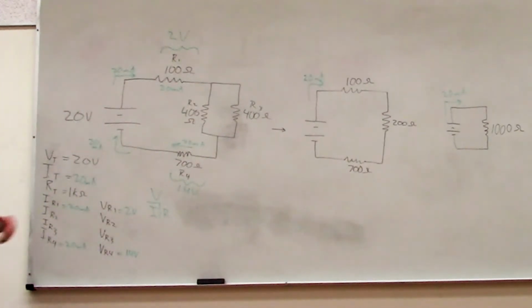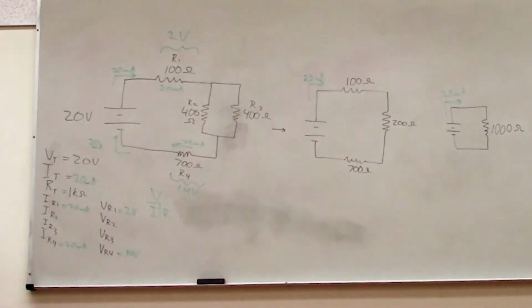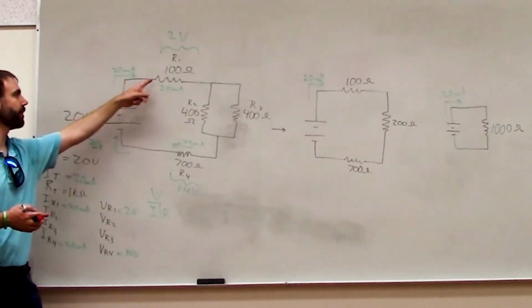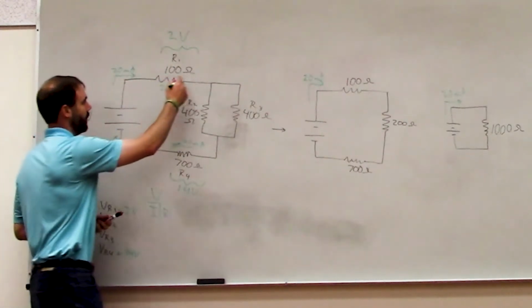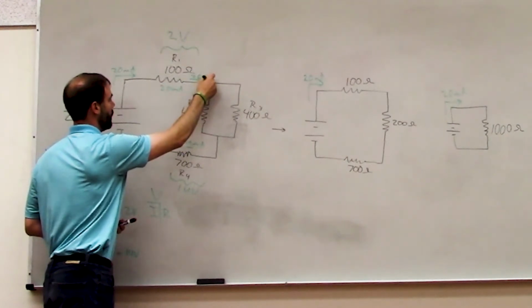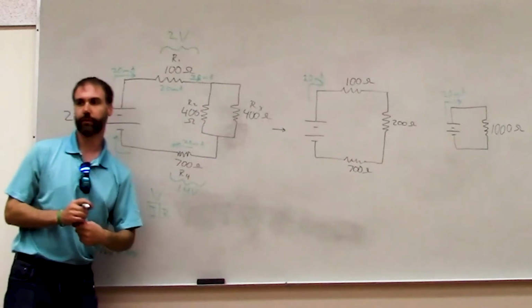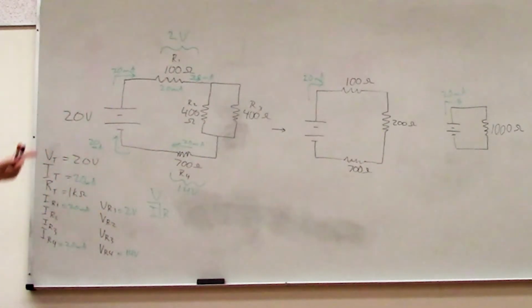Now we need to find the current and the voltage through these two resistors, R2 and R3. There's a couple of ways that we can do that. First of all, let's look at the current. Okay, we know that we have 20 milliamps flowing here. And then we have 2 paths for that current to go down. If both paths have the same amount of resistance, then both paths get the same amount of current.